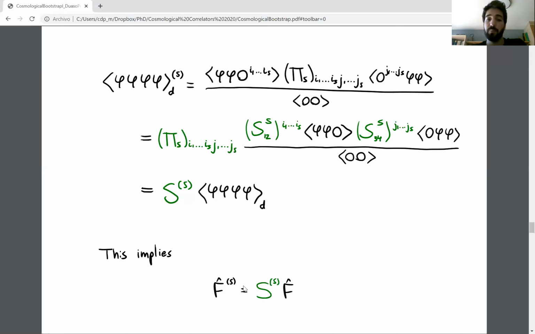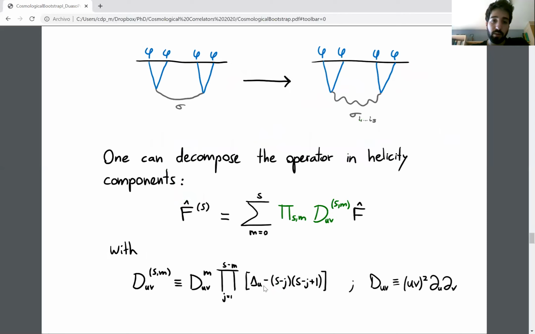of spin S. Now, this operator here can be decomposed in helicity components, actually. I'm not writing it explicitly, but we can write it as a sum over the different helicity components. So it will go from helicity 0 to the spin.